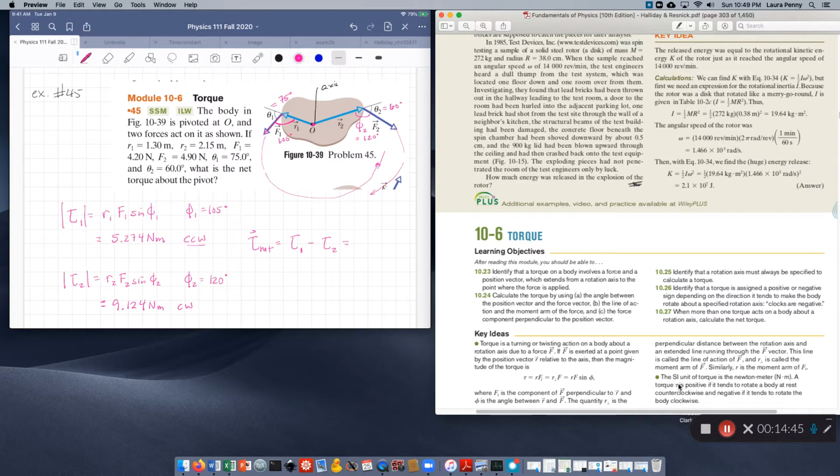So I'm going to take T1 magnitude 5.274 and subtract 9.124, and I get a net torque of negative 3.85 Newton meters. So this thing is going to want to move clockwise. It has a clockwise net torque.